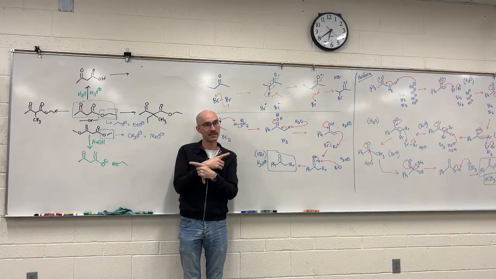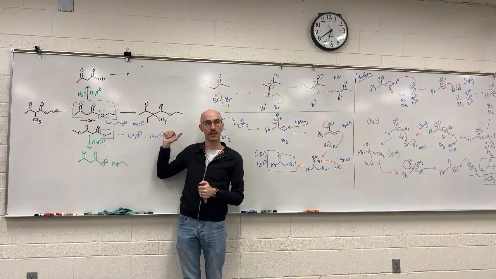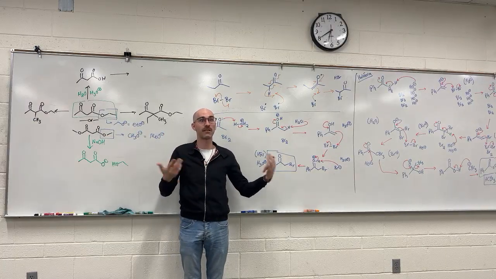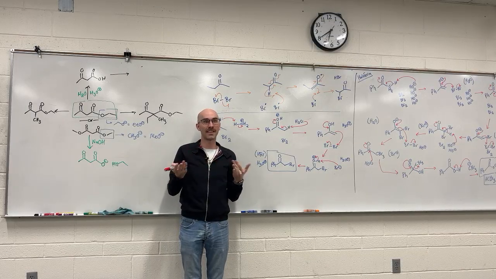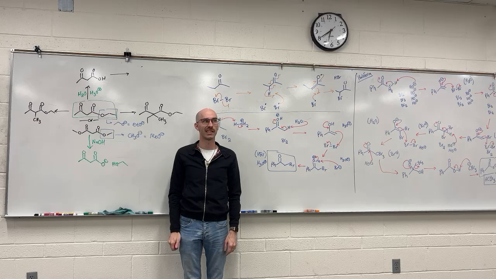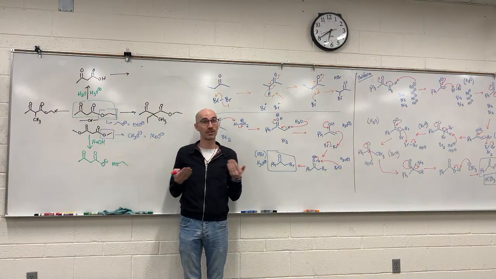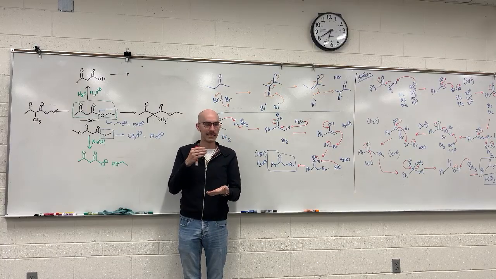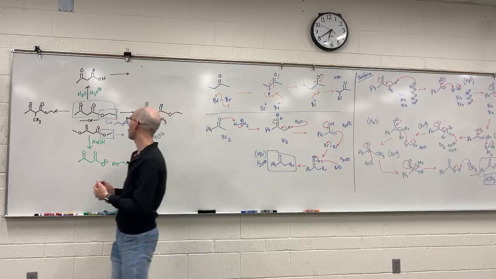If my base attacks and kicks off methoxide, leaving it now as an ethyl ester instead of a methyl ester, now I've got different properties. Not that those properties are always life or death, but it could just be a matter of making it hard to purify. So I want to make sure that I started with an ethyl ester, I end with an ethyl ester.